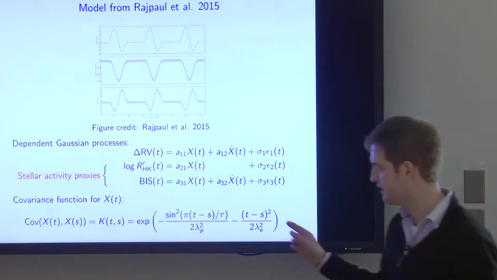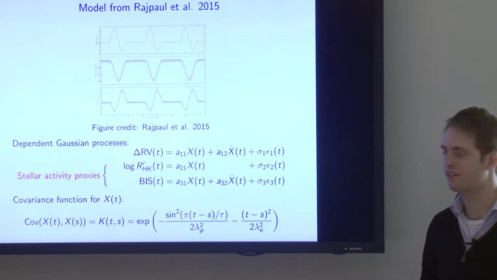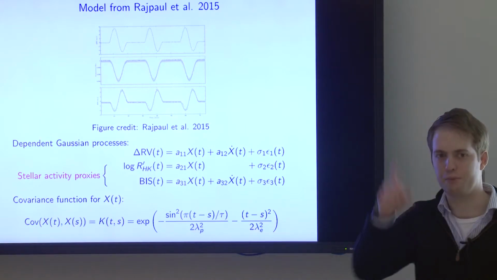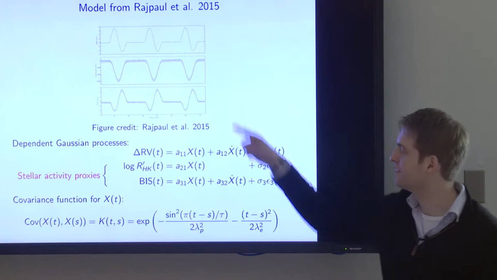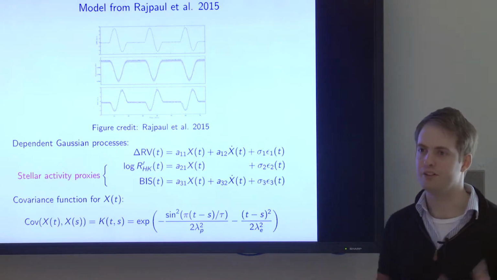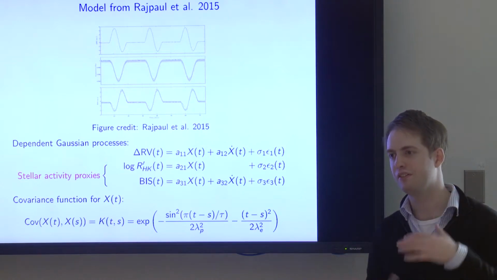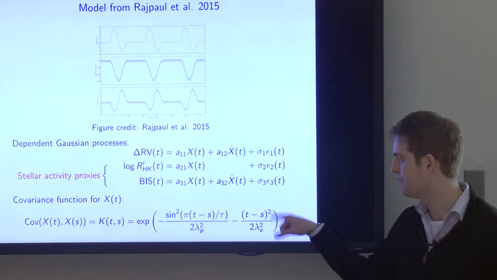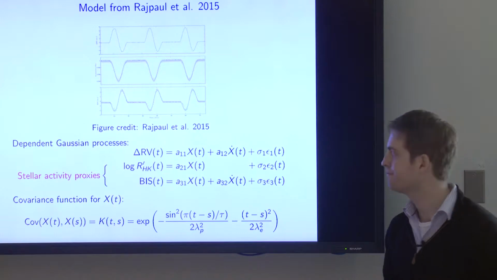Then they have this kernel that they use to define the Gaussian process, and it has a periodic part that involves a sine, so they expect periodic signals because the spot keeps going around the star. And then another part, because in reality the spot on the star is going to change shape and die away and then come back and so on, so you want some term that damps the periodic part.